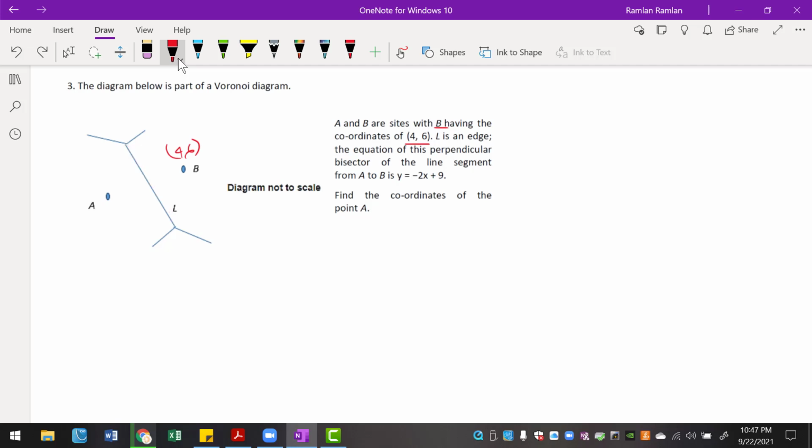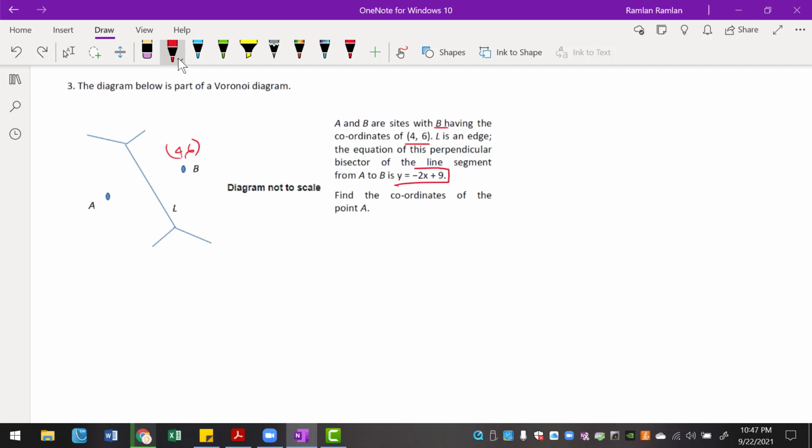It's the perpendicular line of AB, which passes through the midpoint of AB. The equation of this perpendicular bisector of the line segment from A to B is y equals minus 2x plus 9.